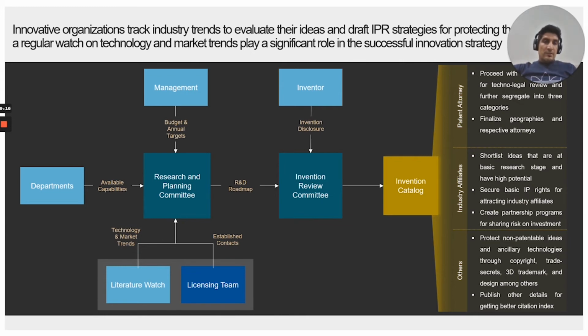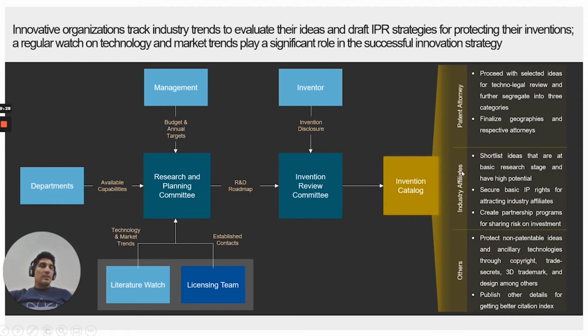After passing through it, we go to the invention catalog. That means you might go with a patent attorney. You can file a patent application. You can ask them to file a patent application into different geographies depending upon the kind of market. So maybe you can say that, okay, US, Europe, which are IP intensive areas, so you can go with that.